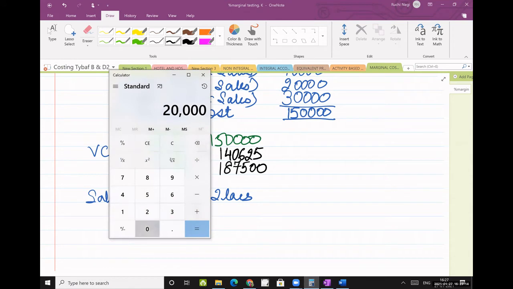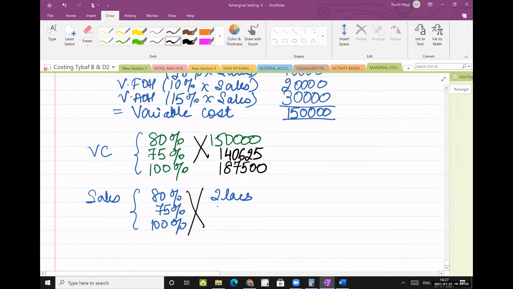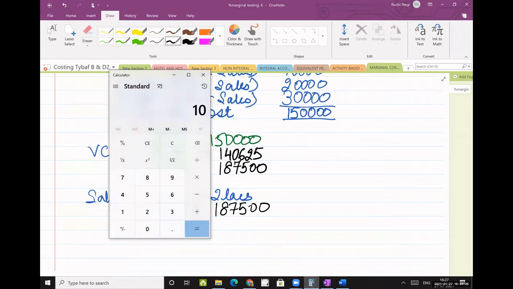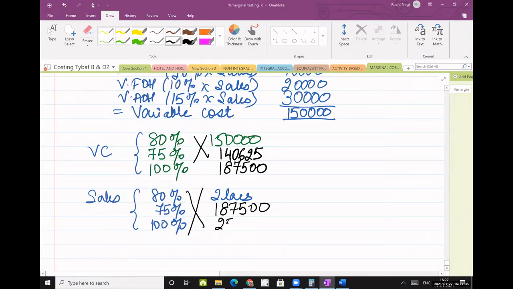So 2 lakhs into 75 divided by 80, 1,87,500. Next, 100 into 2 lakhs divided by 80, 2,50,000.